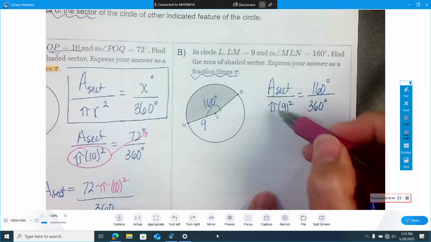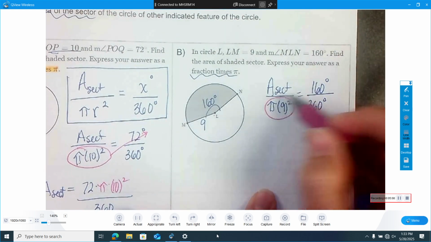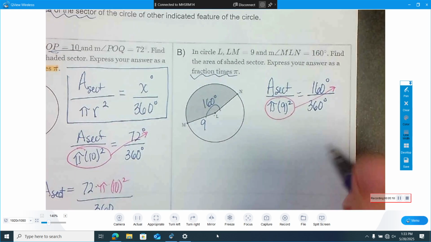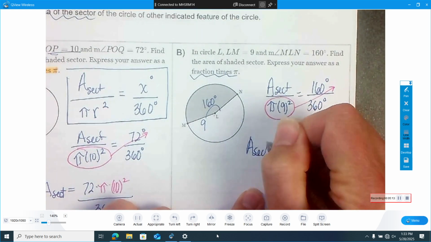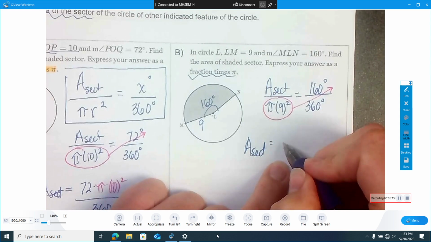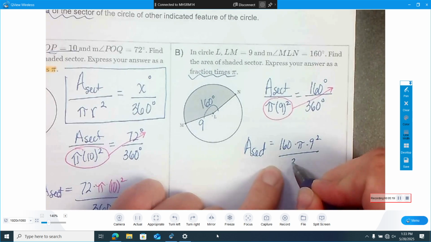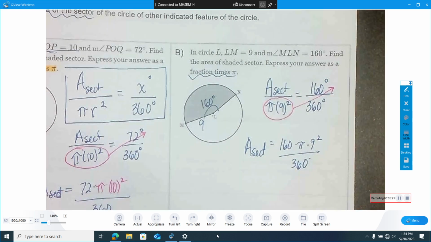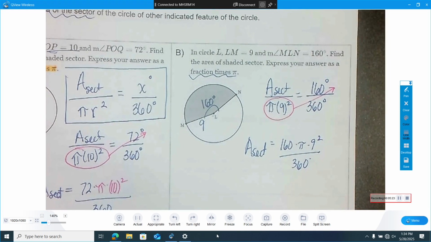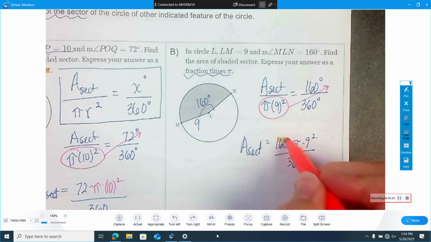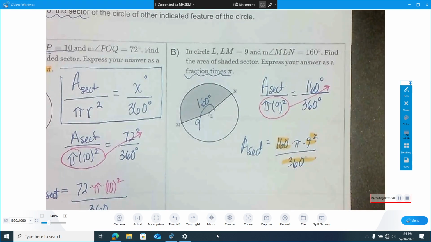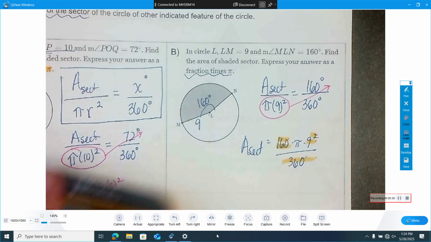And then what do we need to do? Yeah, cross multiply that stuff to the other side. So the area of this sector, we're just going to do 160 times pi times 9 squared divided by 360. And all I need to do then is just put all the numbers in my calculator, leaving the pi to attach later.